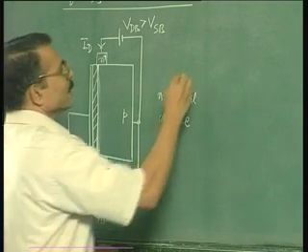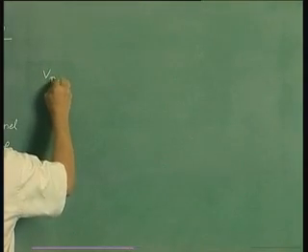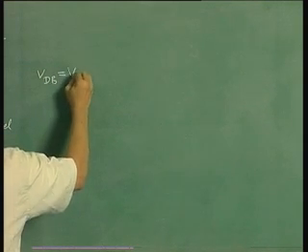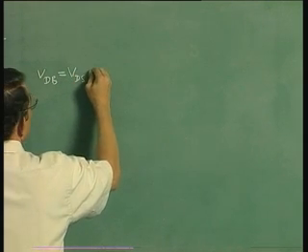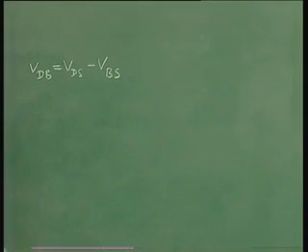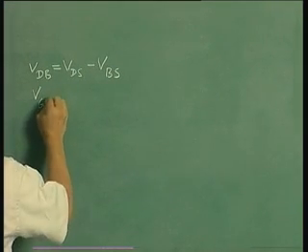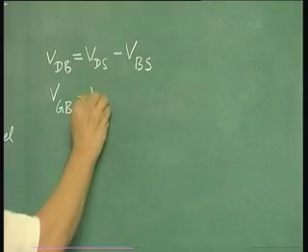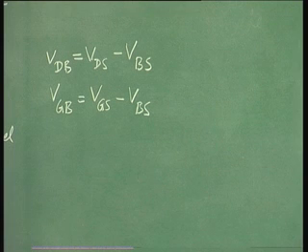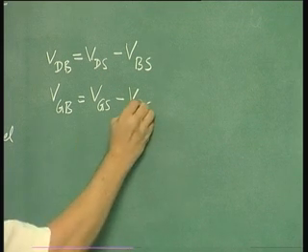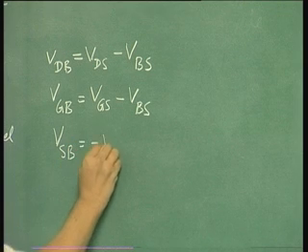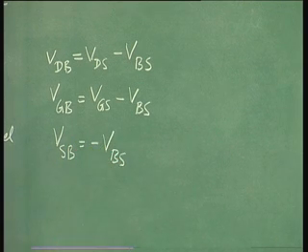You see that VDB for example is equal to VDS minus VBS. Similarly, VGB is equal to VGS minus VBS, and VSB is equal to minus VBS.